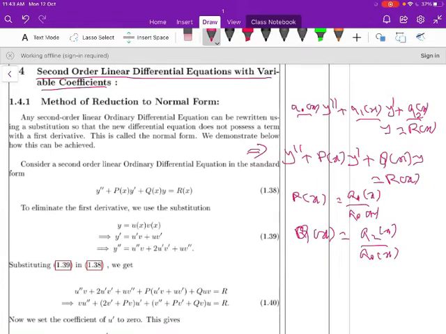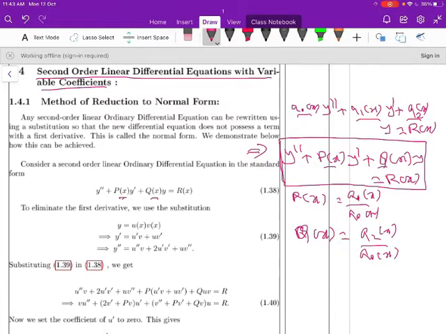The RHS becomes r of x by a naught of x. So this is the standard form of second order linear differential equation where p and q are functions of x.